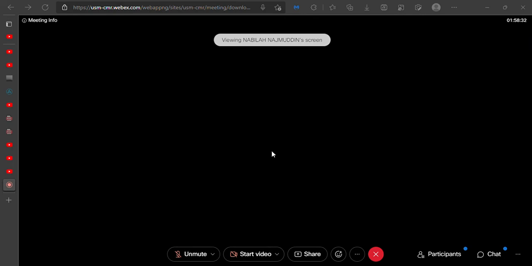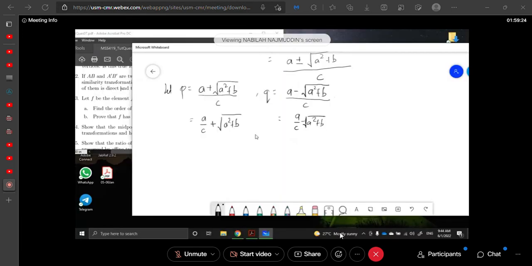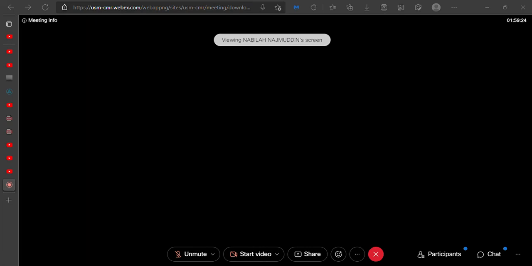We can write this like A plus C, A over C. See, this P and Q are equidistant from A over C by this distance.